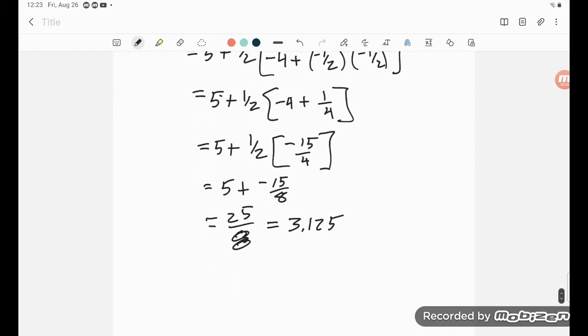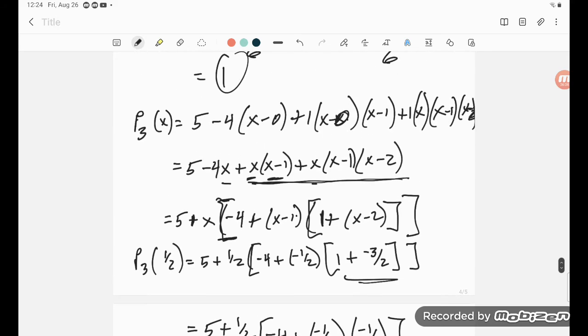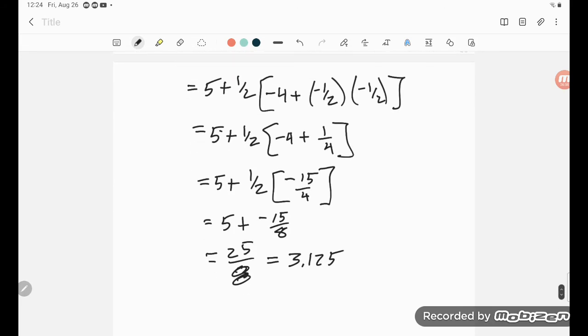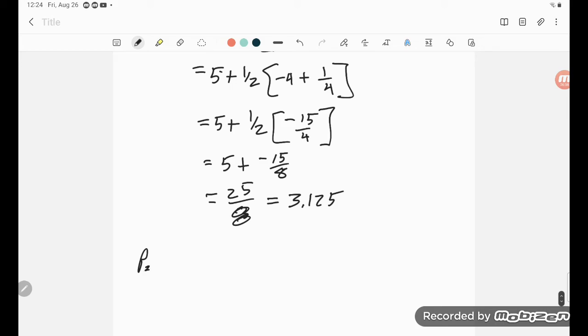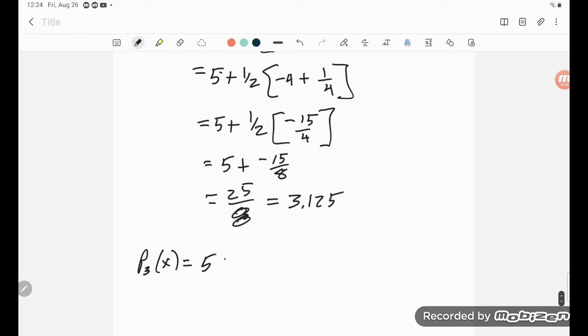Now, the other thing I can do is multiply this all out back here when I had this. So I'll kind of go back and forth. Hopefully you won't get seasick. So the other way to look at this is P3 of x is equal to, okay, 5 plus x squared minus x.